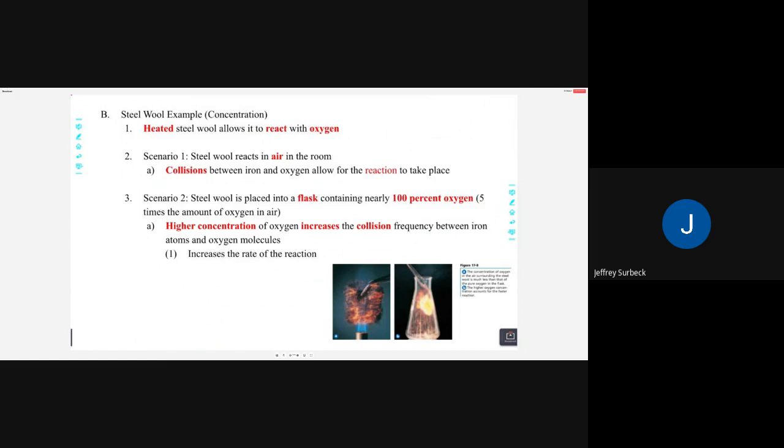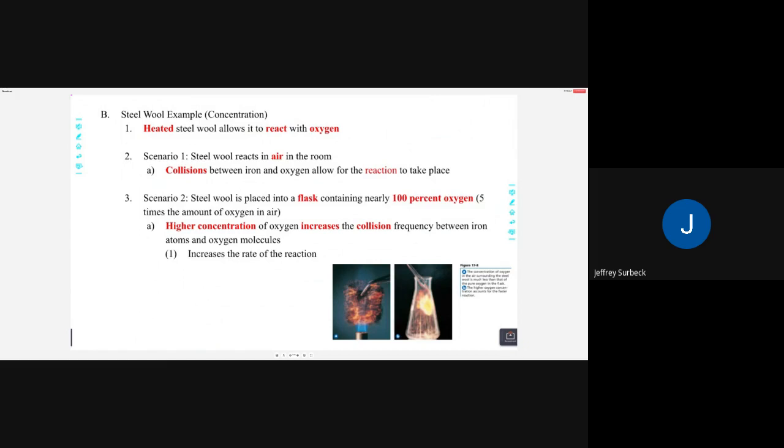Yes? Do you use a battery or just the light? Oh, I use just a Bunsen burner because I didn't have batteries available. You can do it. I think there's been videos of people taking aluminum foil and setting the steel wool on fire.